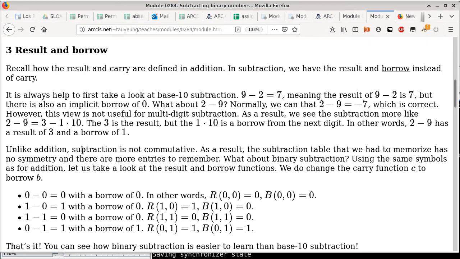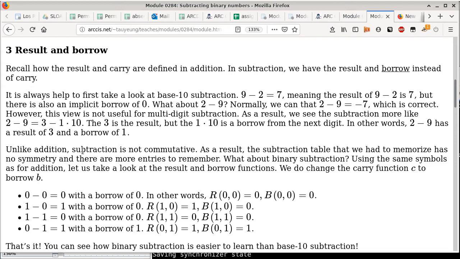So, yeah, go ahead. In base 10, a negative number would be like the result of the borrow plus what you have. Or, the negative value associated with a single digit subtraction is going to be the result minus the borrow times the base. Gotcha. And it works out in any base, including in this case.